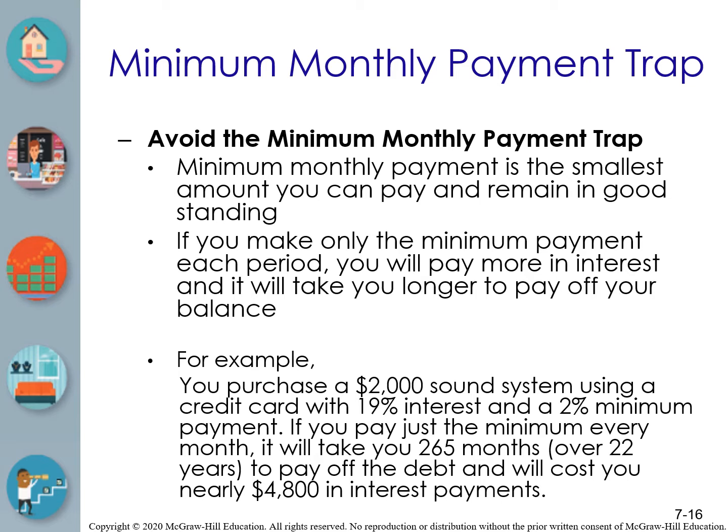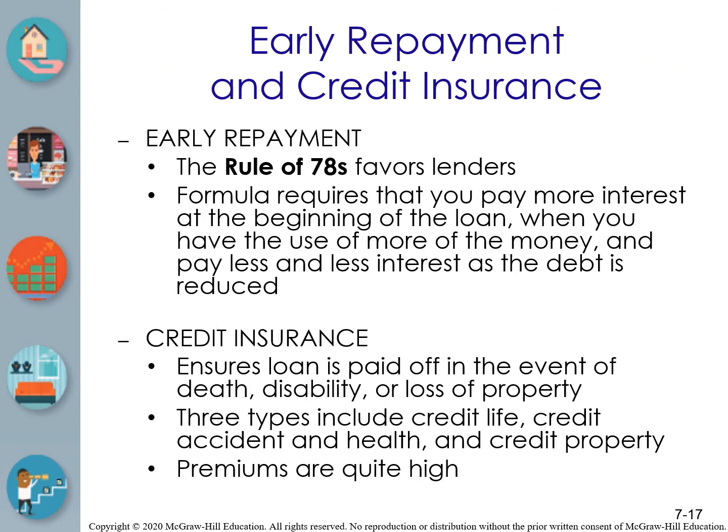So this $2,000 sound system, you're paying an additional $4,800 over the life of that loan if you just pay the minimum amount on a monthly basis. Not advisable. Again, that's why they call it the monthly payment trap.